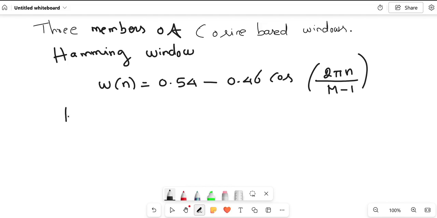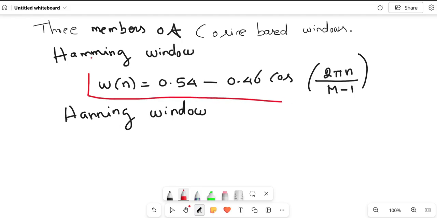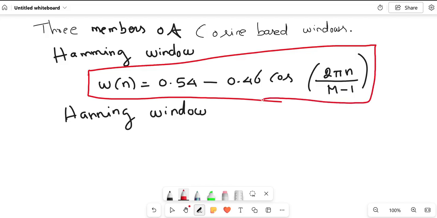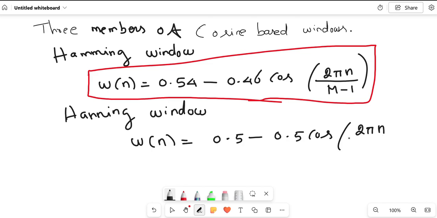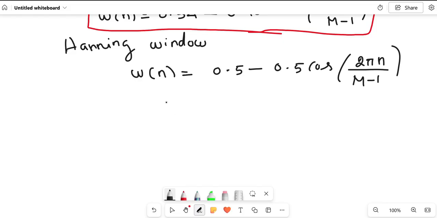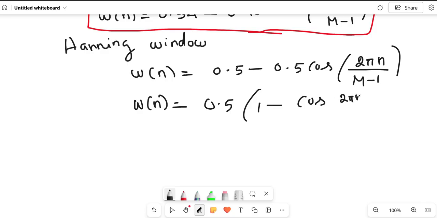Similarly, for Hanning window, w of n is 0.5 minus 0.5 cos 2 pi n by M minus 1, or you can use w of n equals 0.5 times 1 minus cos 2 pi n by M minus 1. This is a cos function.